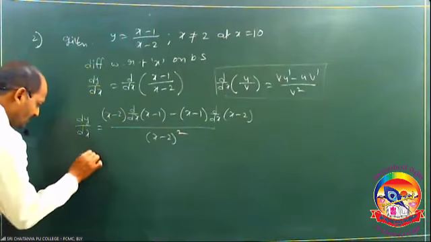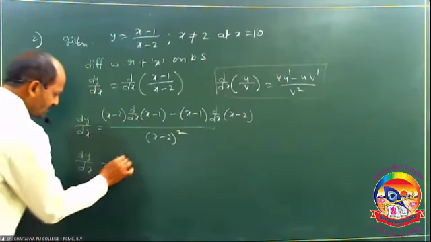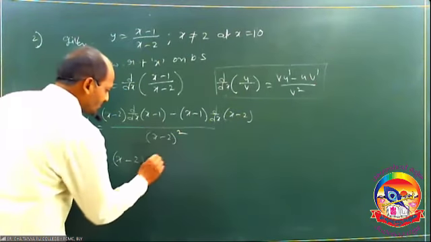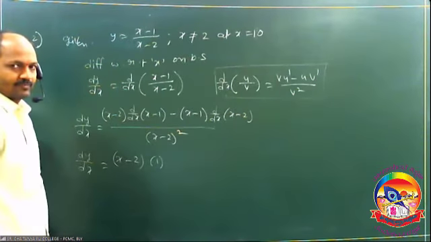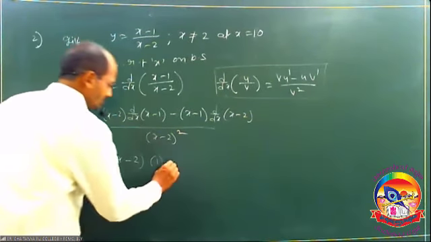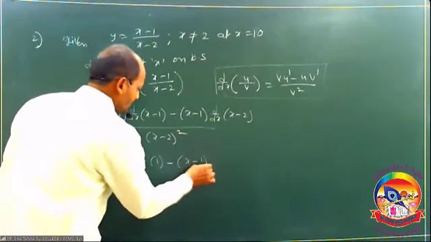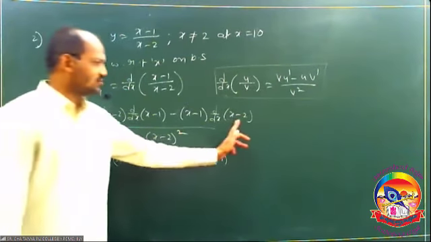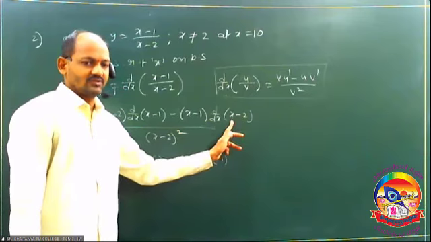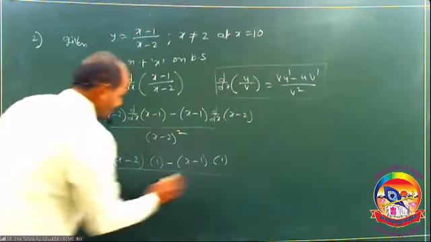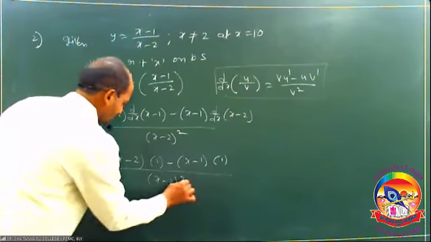So dy by dx is equal to x minus 2 into derivative of x minus 1, which is 1 (derivative of x is 1, derivative of constant 1 is 0), minus x minus 1 into derivative of x minus 2, that is also 1 (derivative of x is 1, derivative of constant minus 2 is 0), divided by x minus 2 whole square.